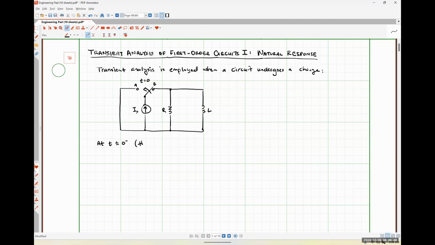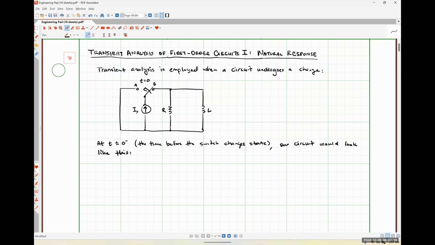So that means the time before the switch changes state, our circuit would look like something. And we'll talk about that.